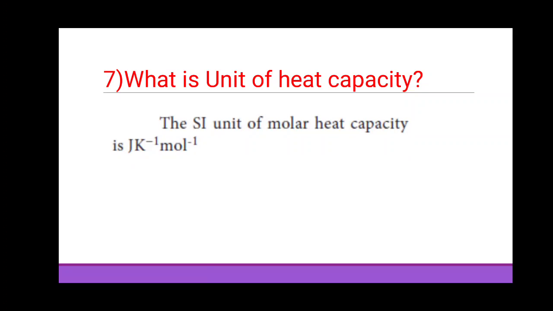So mass is in the denominator, so mole inverse. Temperature unit Kelvin also is present in the denominator, so K inverse will come. Joule, K inverse, mole inverse. That is the unit of heat capacity. So regarding the formula, we can write it.